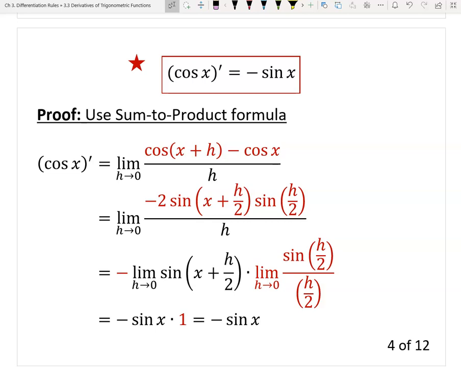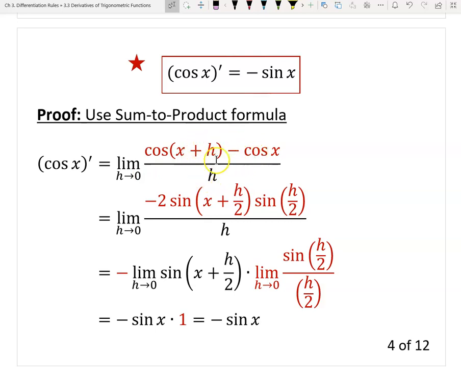I will show you how. Of course we have four types of sum to product formulas, which I think you learned. I will write here which one we use later. But first, the first step is the definition. We are going to find the derivative, which is the limit of delta y over delta x.